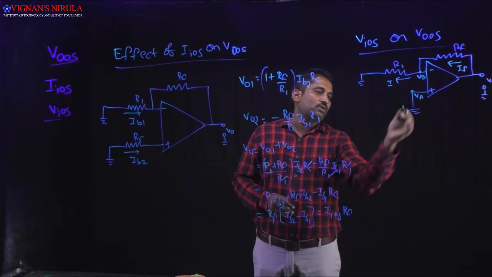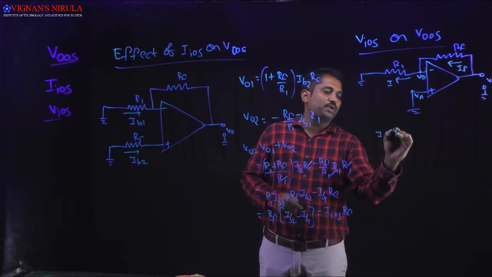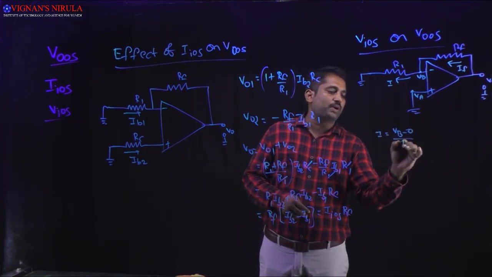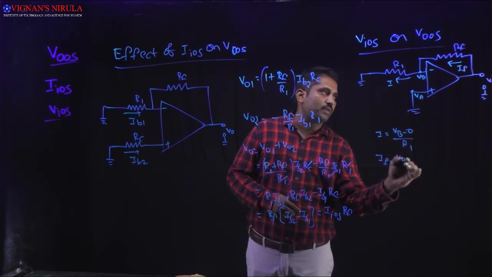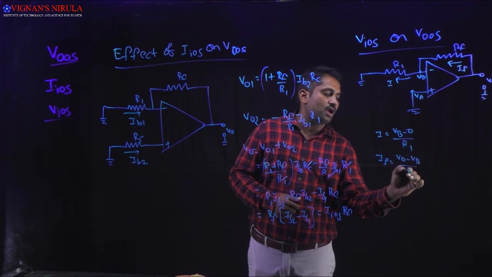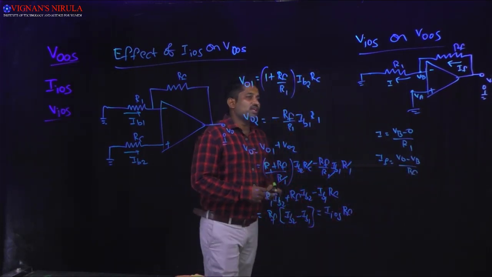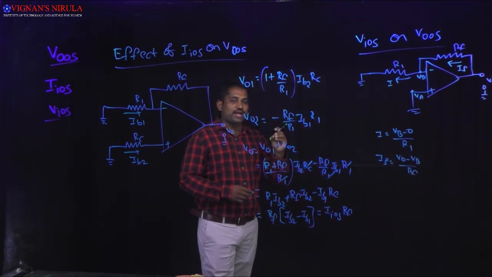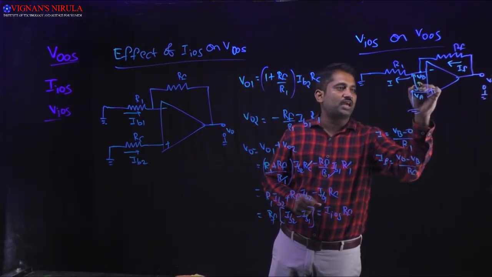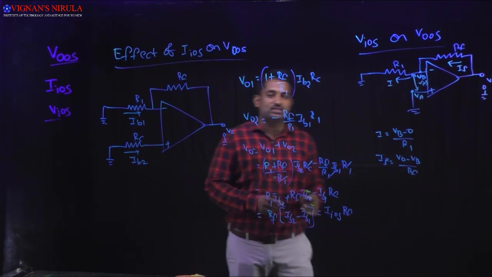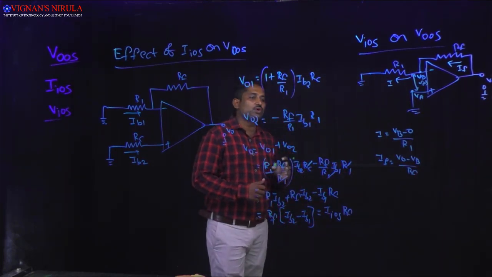Now write down I is equal to VB minus 0 divided by R1, and IF is equal to V0 minus VB divided by RF. Here the input offset voltage is applied between the input terminals, so I am considering VIOS is equal to VB is equal to VA.